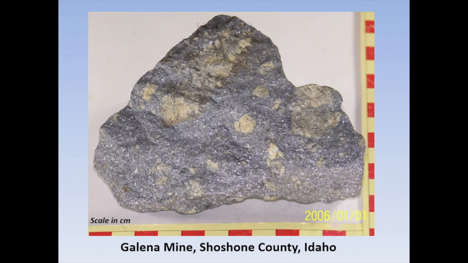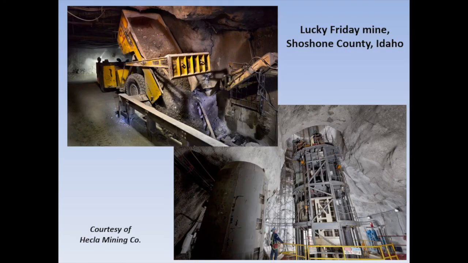This is an example of some of the massive silver-bearing galena from the Coeur d'Alene district in Shoshone County that's being mined today. The modern mines of the Coeur d'Alene district are very large-scale operations. They employ many hundreds of people and are able to follow these mineralized structures thousands of feet into the ground.